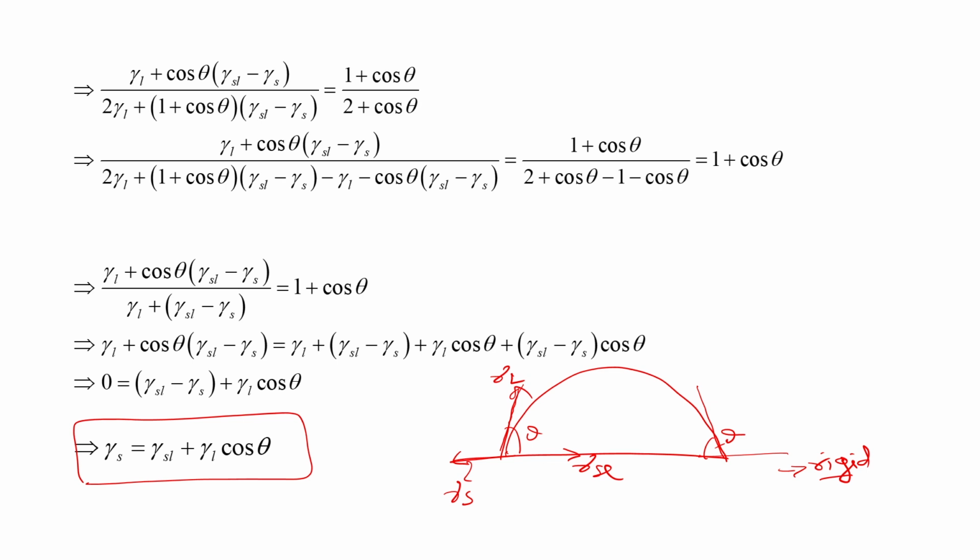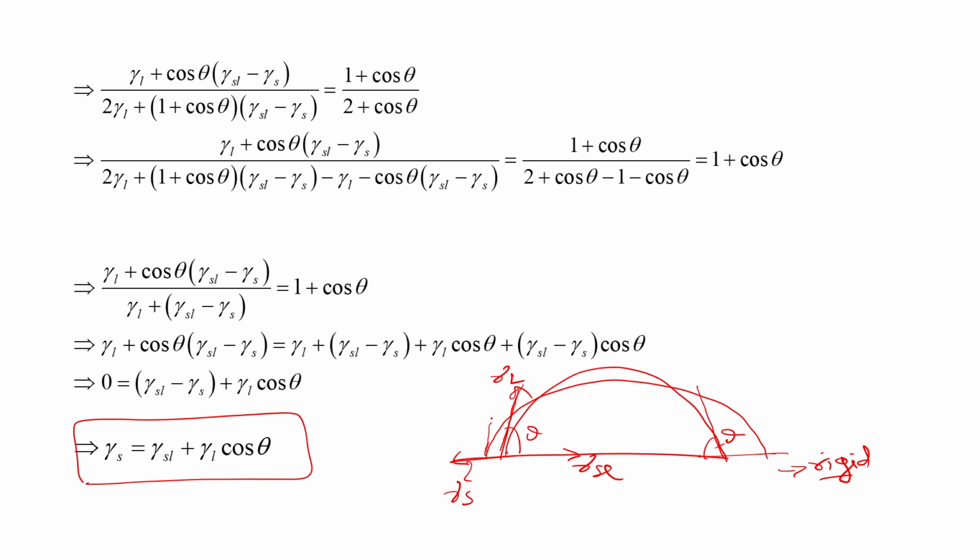Now, what I can say without giving the proof is that even if you take gravity into account, that means the liquid drop is large enough that because of gravity it has some amount of deformation, say it has formed something like this, then also the contact angle will remain the same. The contact angle will not get affected by gravity.